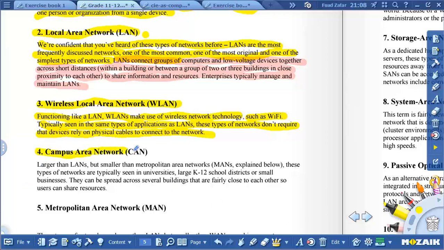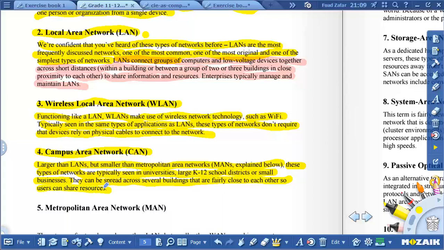Campus Area Network, CAN. Larger than LAN but smaller than Metropolitan Area Network, MANs explained below. These types of networks are typically seen in universities, large K-12 school districts, or small businesses. They can be separated across several buildings that are fairly close to each other, so users can share resources.